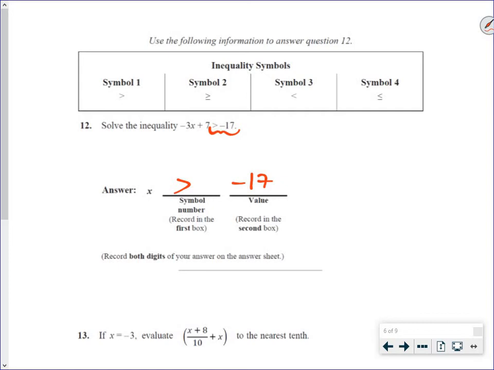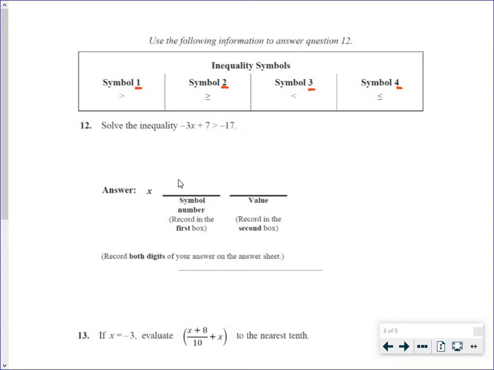Second of all, it's looking for the symbol number. Notice there are symbol numbers up here. There should be a single digit recorded in this space, not a symbol number, right? So it should be a 1 or a 2 or a 3 or a 4. That's what we're after.